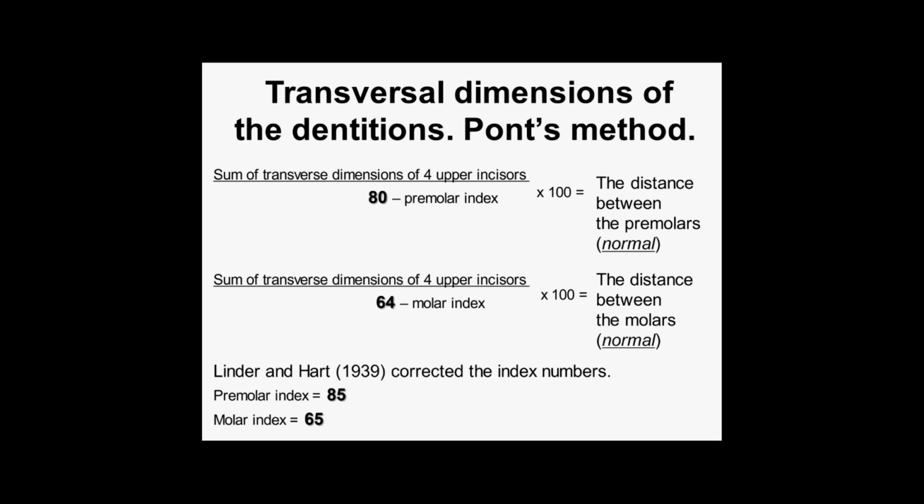Linder and Hart tested Pond's method and corrected the index numbers. According to these authors, the premolar index is 85 and the molar index is 65. These indices can be used during and after dentition changes.